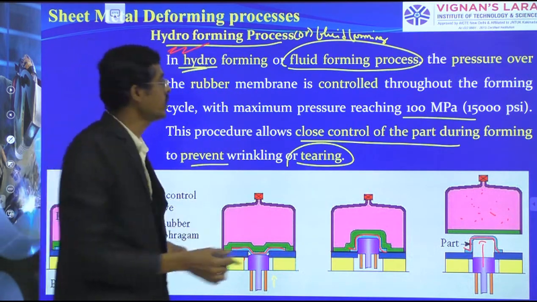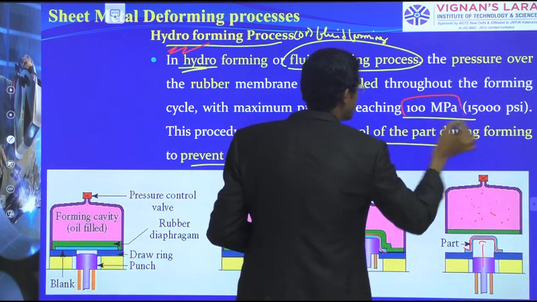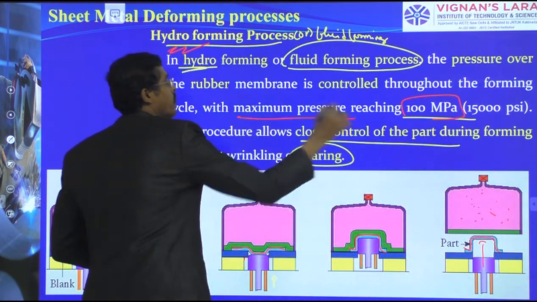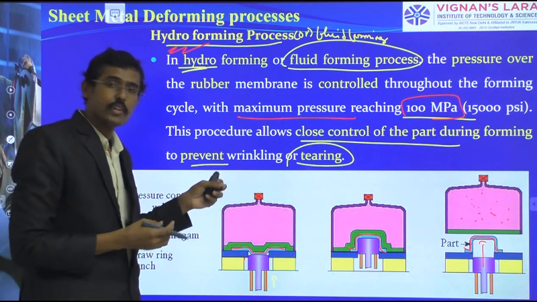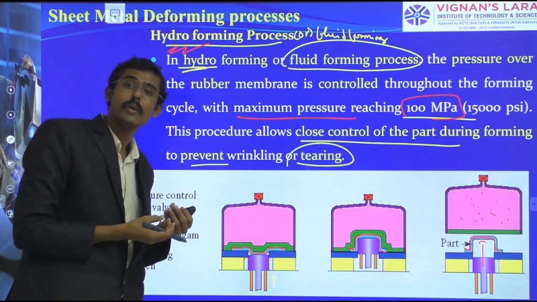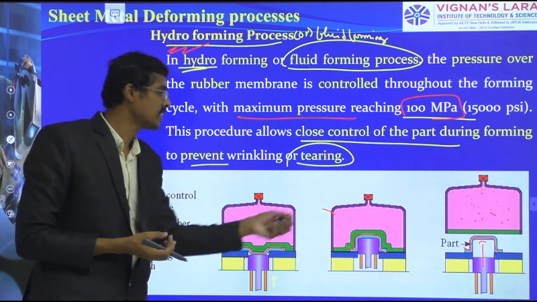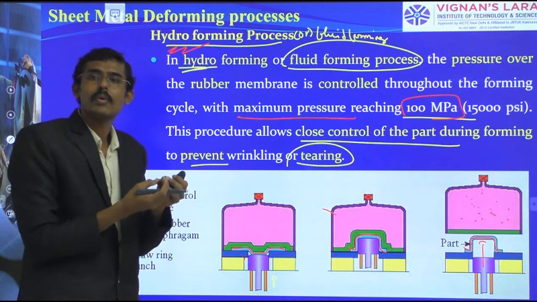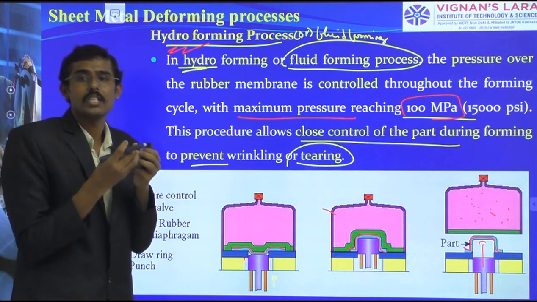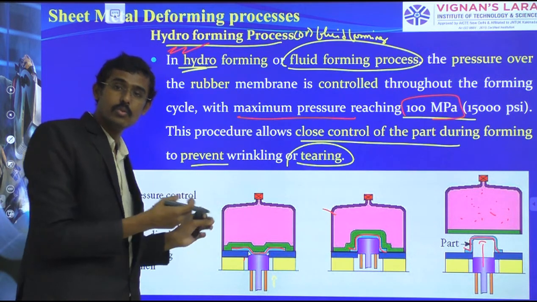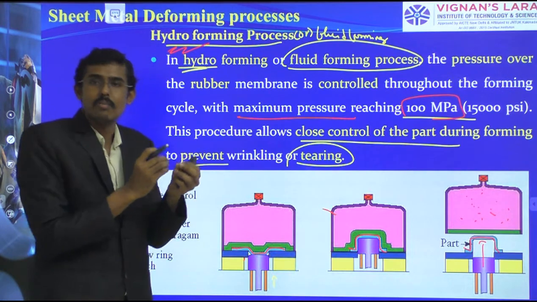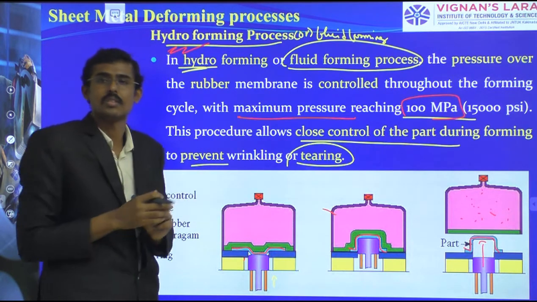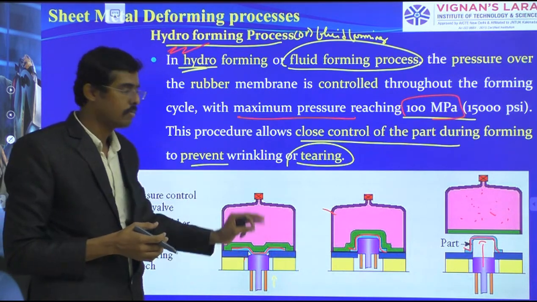So how much are we doing? We have applied a maximum pressure of 100 megapascal to keep it in control. If we know it is starting to break, the fluid can be let out a little bit, or the pressure can be monitored and controlled with respect to this hydraulic system. We can add a hydraulic system, punching, and piston mechanisms, and therefore we are able to control this. In such a way, breakage can be avoided.